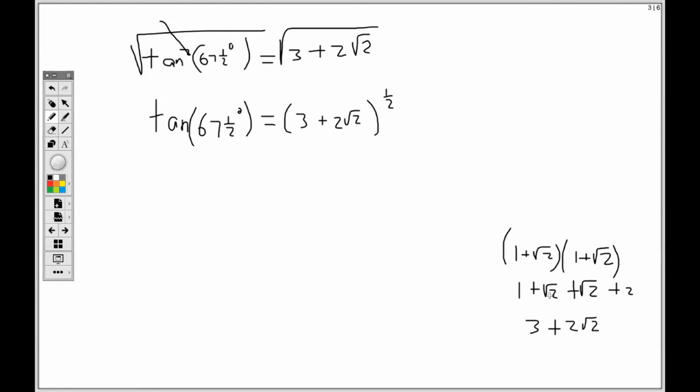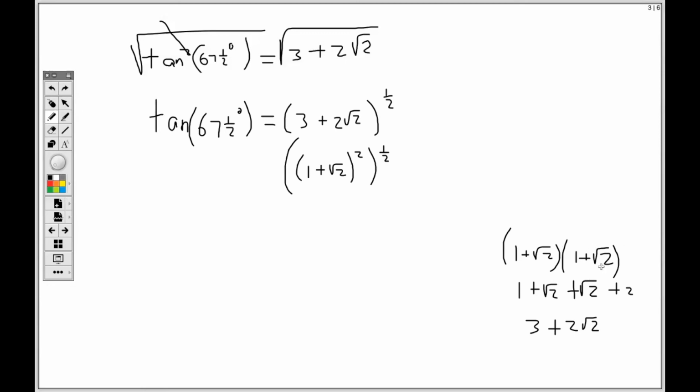So 3 plus 2 root 2 is the same thing as 1 plus root 2 times 1 plus root 2. In other words, I can replace the center as 1 plus root 2 all square raised to the half. I repeat, 3 plus 2 root 2 comes from 1 plus root 2 times 1 plus root 2. If you multiply this, you will end up with 3 plus 2 root 2.